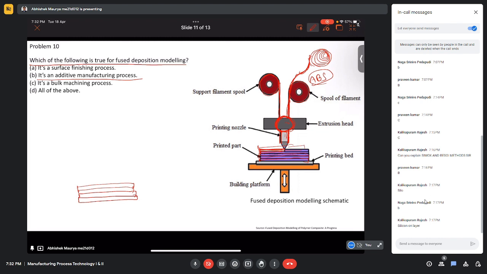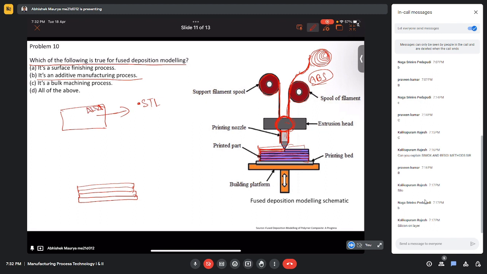Initially we have some CAD model, and here the .stl format is used. It is called the stereolithographic format. It divides the CAD into small triangles.